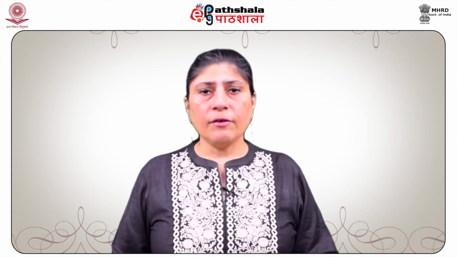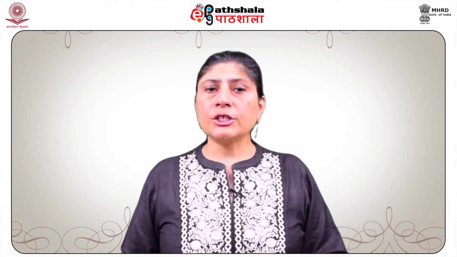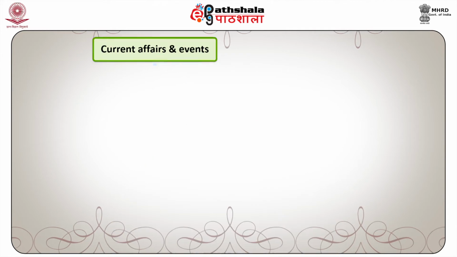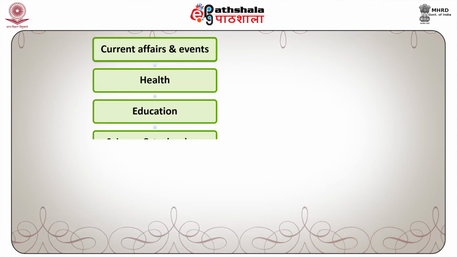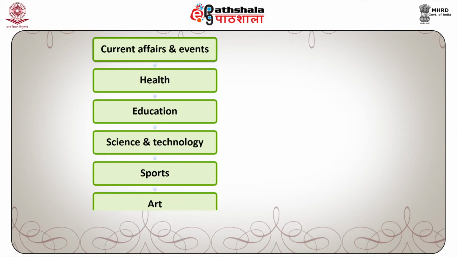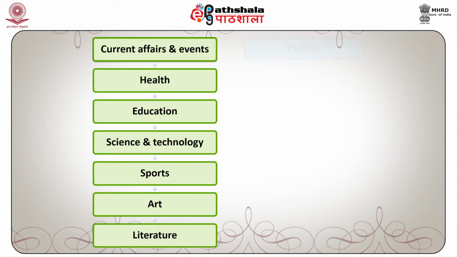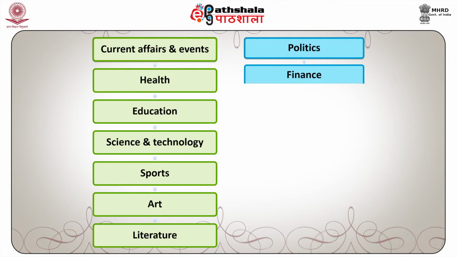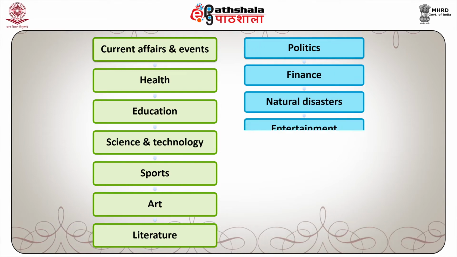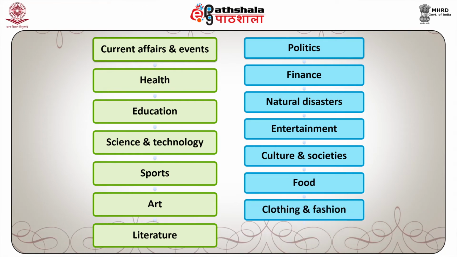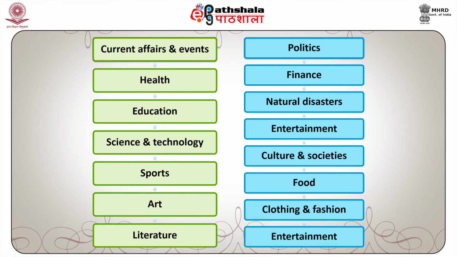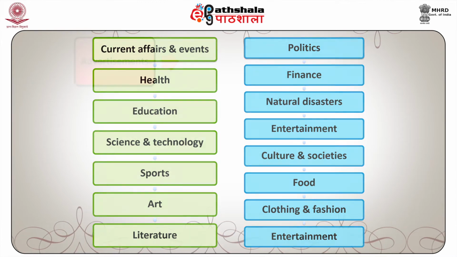The news and informative articles in the newspaper are divided into various segments covering a large spectrum of areas like current affairs and events, health, education, science and technology, sports, art, literature, politics, finance, natural disasters, entertainment, culture and societies, food, clothing and fashion, amongst many others.